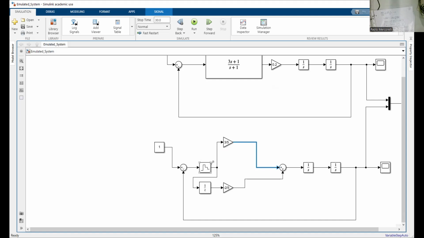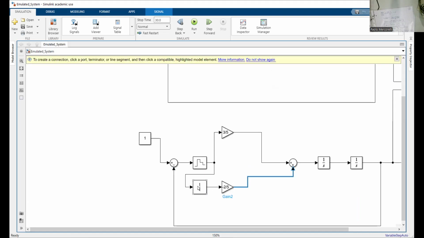This element here is a sample and hold. Basically, here I have a continuous signal. And here I will realize exactly what I told you now with the approximation of a signal. Plus or minus 2 divided 5 multiplied by the error e of k minus 1.